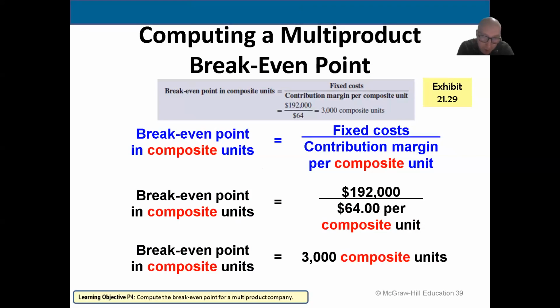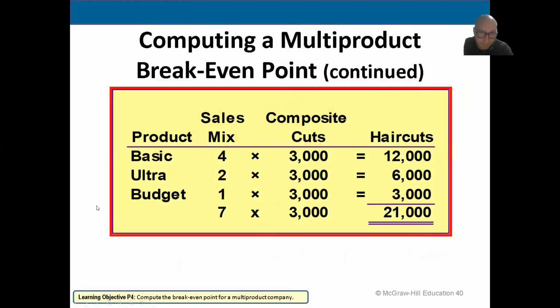So $192,000 divided by $64 per composite unit tells us that we need to sell 3,000 different haircuts in this example. We take the composite number of cuts times the 3 different sales mix levels to tell you how many haircuts exactly of each product you need to sell to break even.